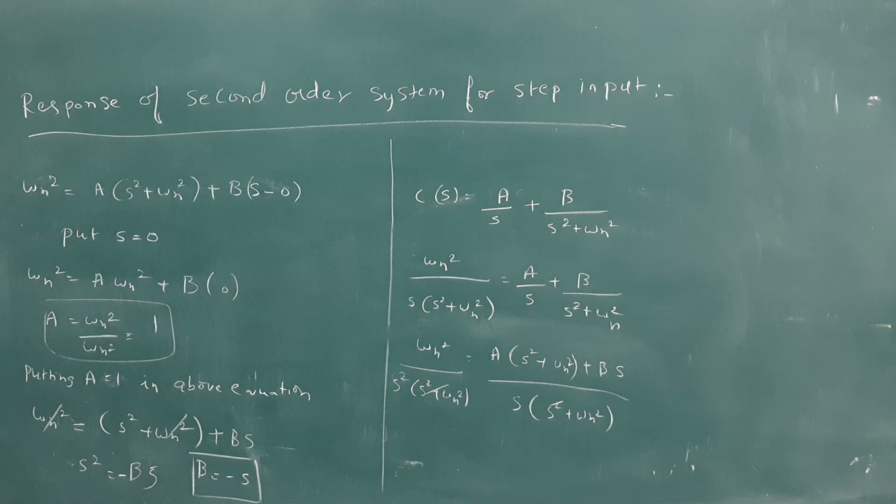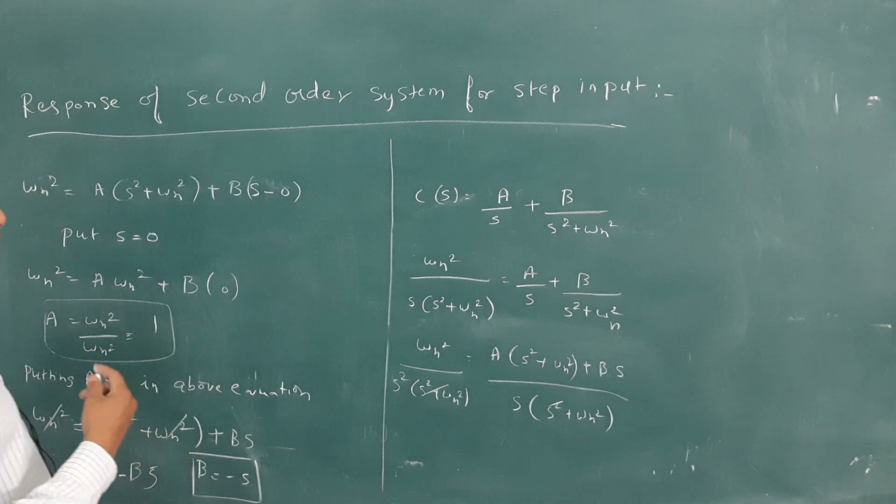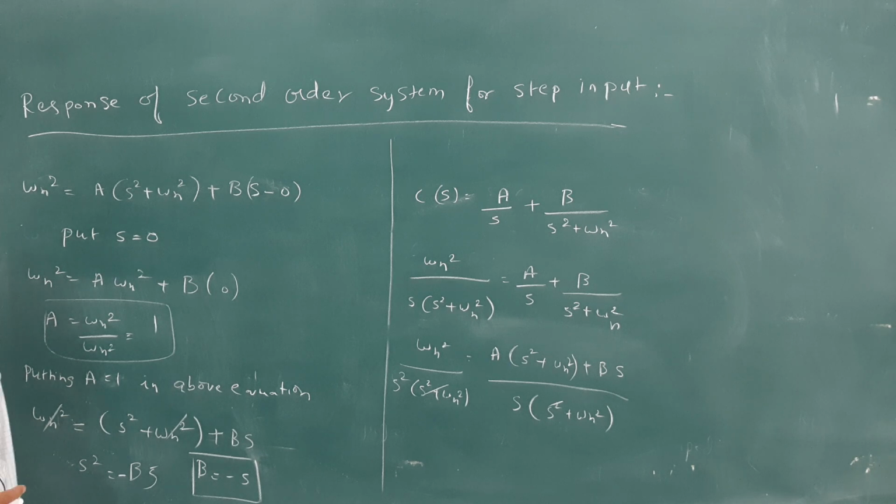Now substituting these values in the equation, we get C of s equals 1 by s minus s by (s square plus omega n square). We substitute these A and B values in the C of s equation.